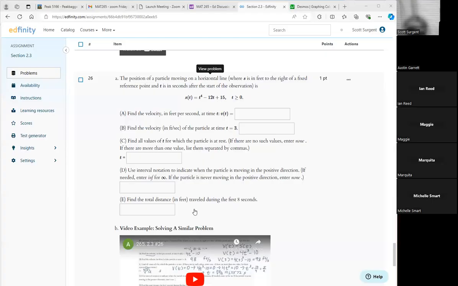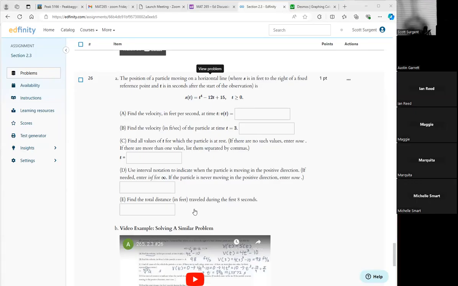All right, looks like number 26 is a good one. We got a few of them. Yeah, 26 and 27. Let's look at 26. So I'm going to share the screen. So this is 2.3, number 26.